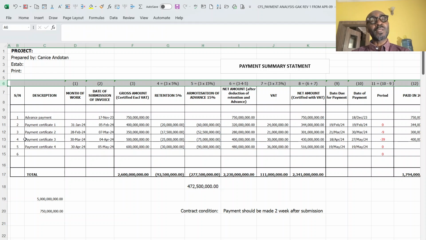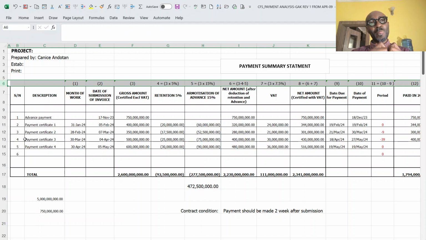Then the contractor will submit an interim payment request, which in turn the client will go through and see if the computations are okay. Then he will certify it for payment, and if the computations are not okay, he will certify what he feels is okay and return it to the contractor for invoicing.